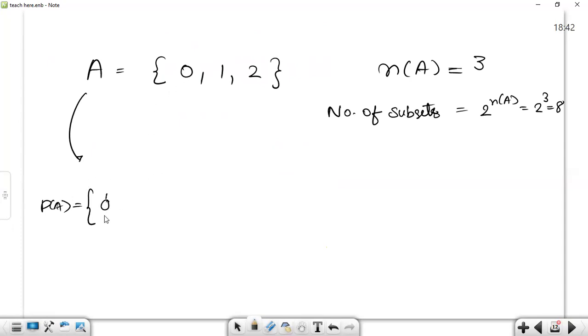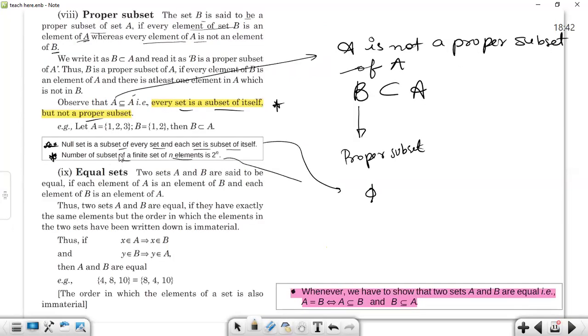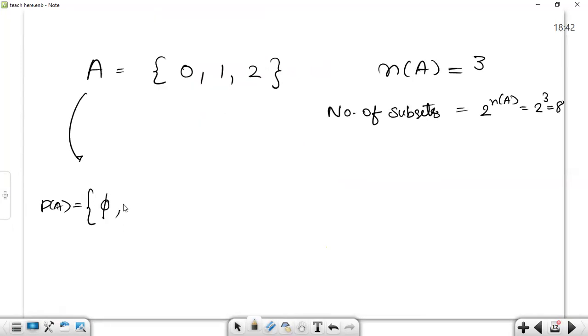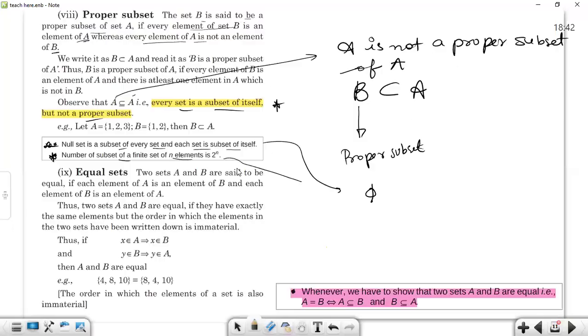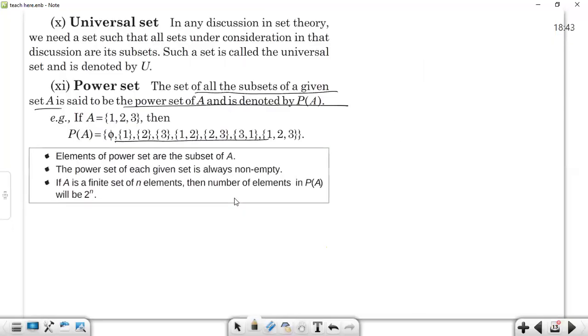As we know, the empty or null set is a subset of every set. So there's 1 5, and this 0 itself is a subset of itself, and 1 and 2, and am I writing it correctly? No, I'm not.